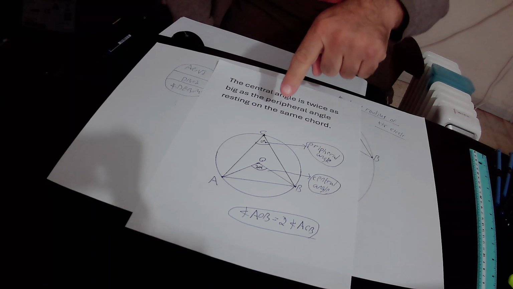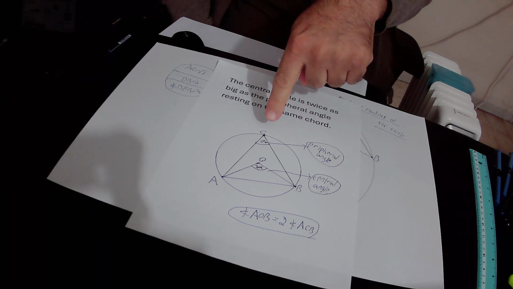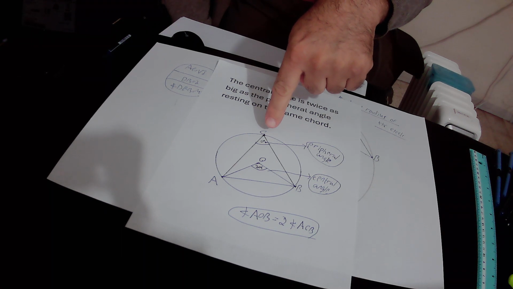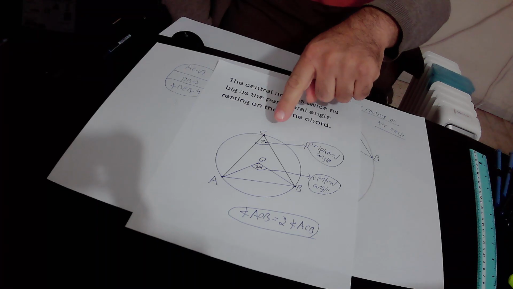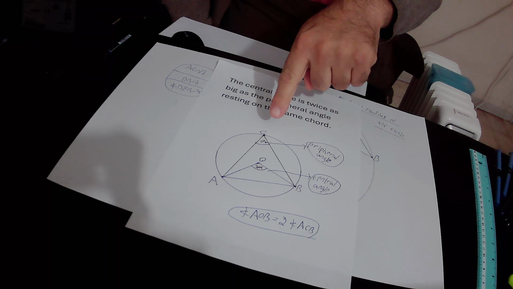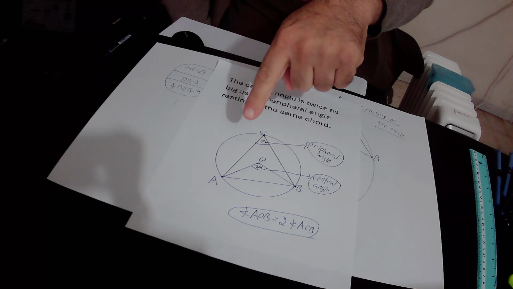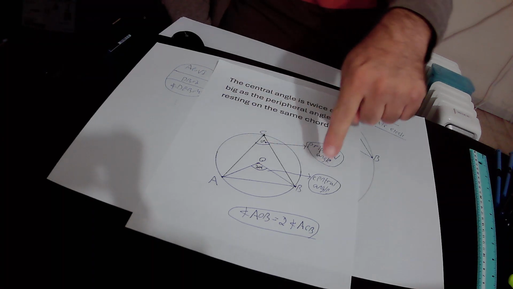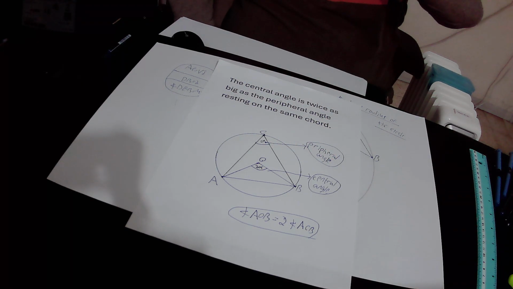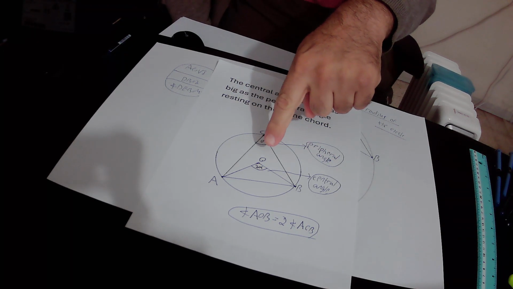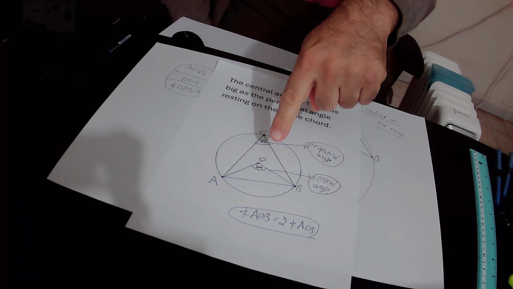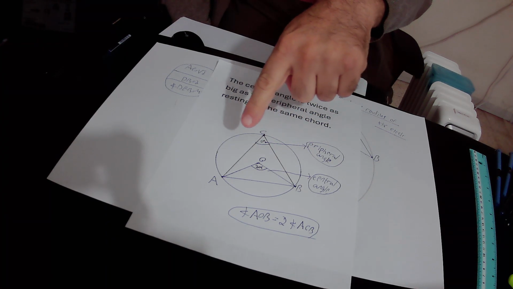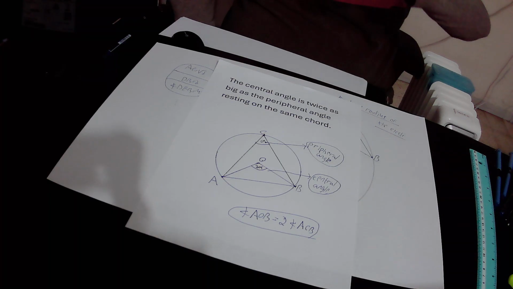So this is angle AOB. It is defined as a peripheral angle. It is equal to alpha and it rests on chord AB. Angle AOB is a central angle and it rests on the same chord AB.